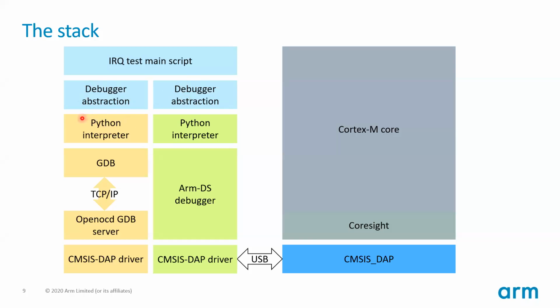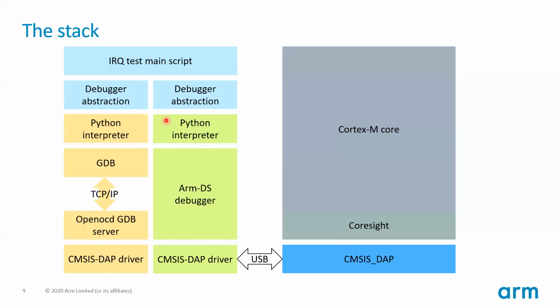Going down the stack, for example for GDB, there's the Python interpreter that executes the scripts that drive the GDB engine, and the GDB engine connects through TCP/IP to a GDB server hosted by an OpenOCD instance, and that OpenOCD has a CMSIS-DAP driver that can directly connect to the target.